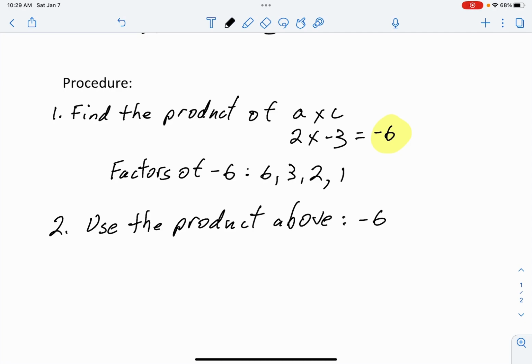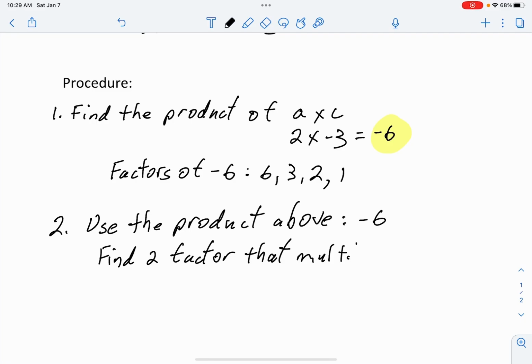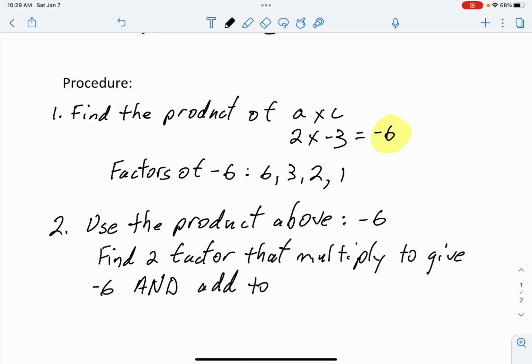Find two factors that multiply to give minus 6 and add to give you b.